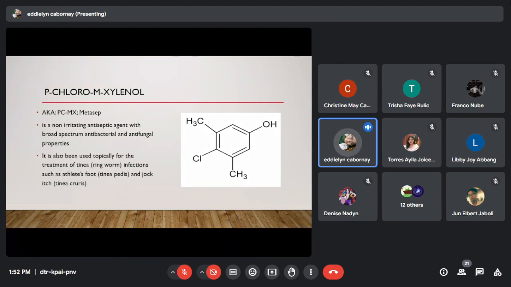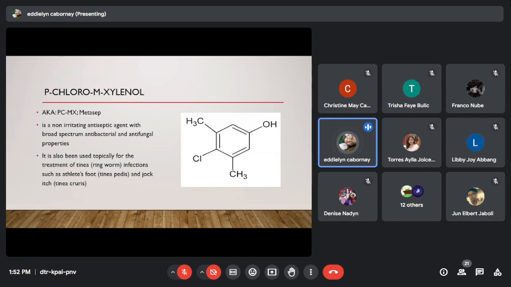Okay, so we also have parachloro-meta-xylenol. The other term is PCMX or Metacept. It is a non-irritating antiseptic agent with broad-spectrum antibacterial and antifungal properties. The concentration present in a certain shampoo is only 2%.